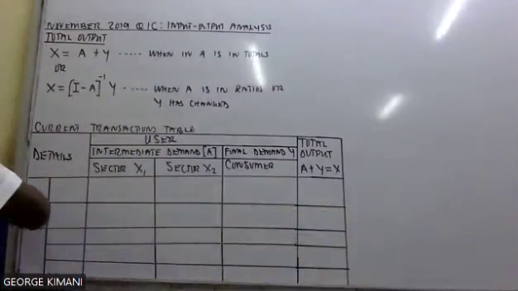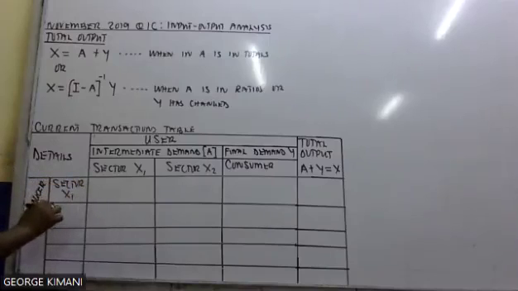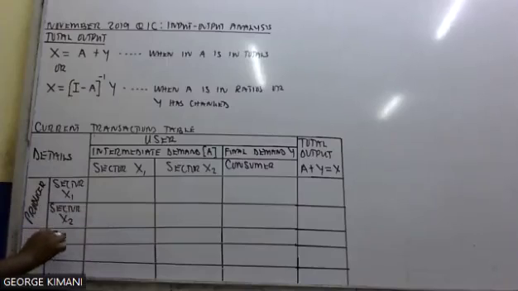So this is the output or the producer. Producer, we have sector X1, we have sector X2. These are inputs. We have the secondary, we have the primary, and we have the total.